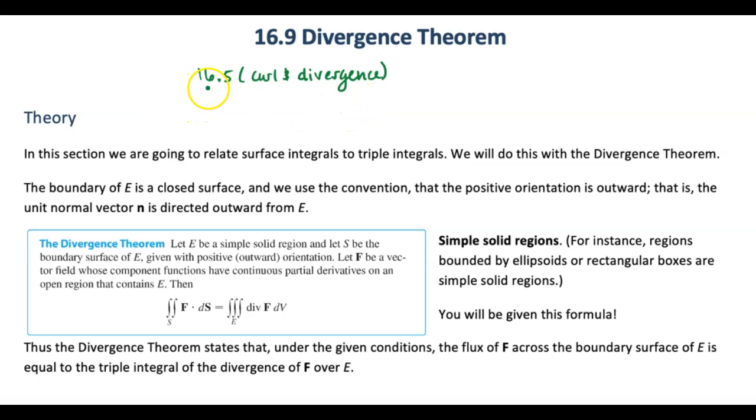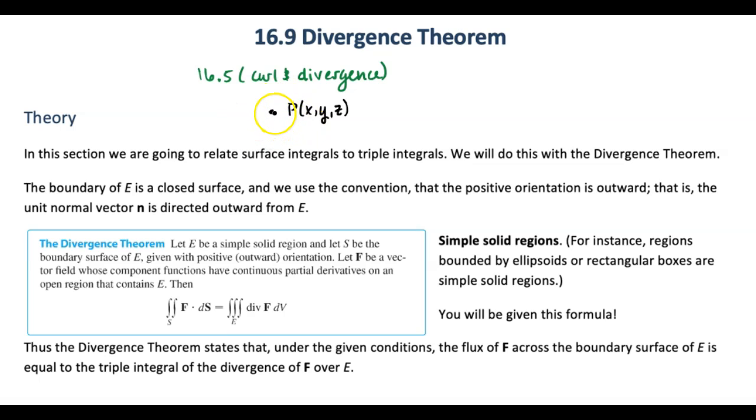But in general, what we said is that the divergence of, say we have some point P that has an x, y, and a z coordinate. So this is a point in three-dimensional space. And let's say, for example, that I have water flowing out of this point.